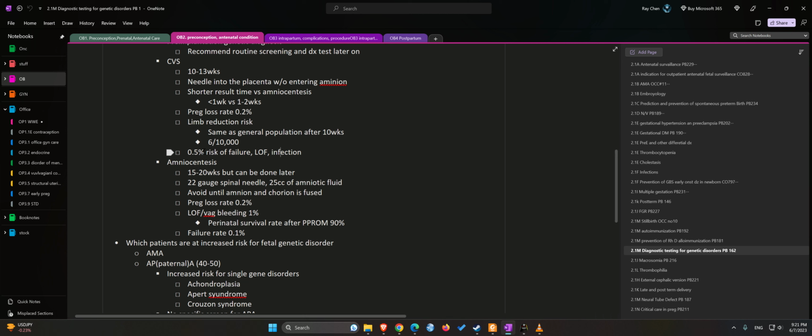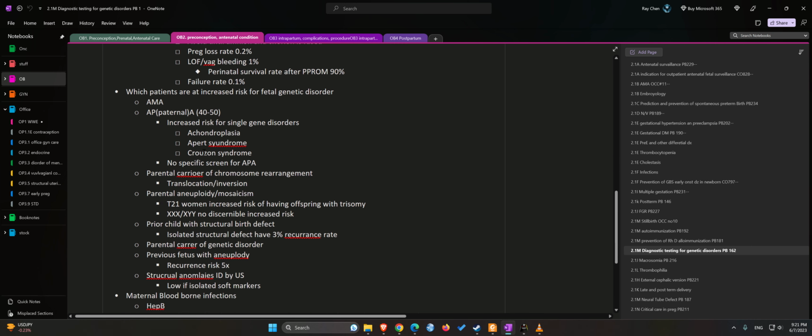Pregnancy loss rate is also around 0.2%. Leaking of fluid and vaginal bleeding occur in 1% of patients. If PPROM occurs, the perinatal survival rate is 90%. There is a 0.1% failure rate.